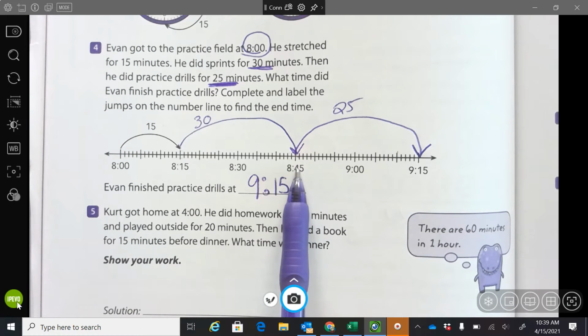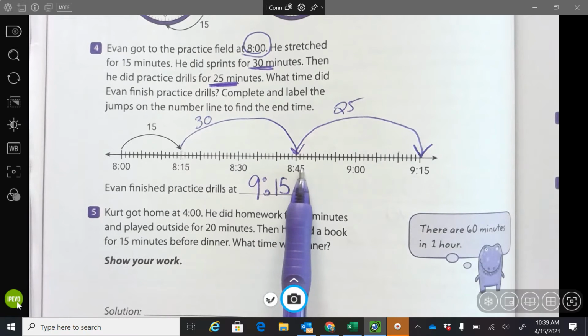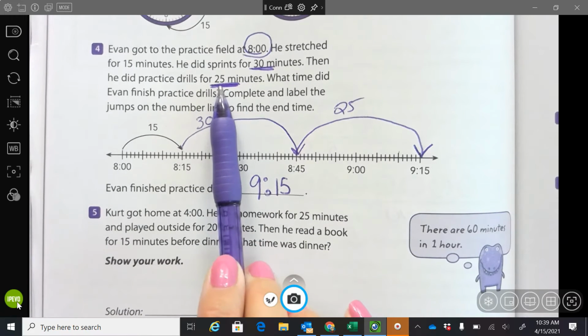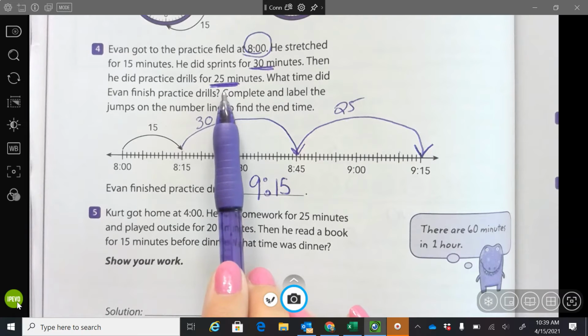Then 0 to 5, 5 to 10, 10 to 15. Because remember, the clock skips count by 5. It's 25 minutes to, not a half hour. Yeah, I know. I'm so confused. But if it was an hour from 8:15, then it would be.